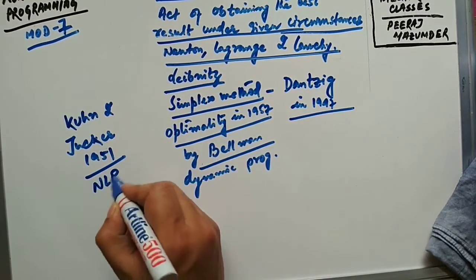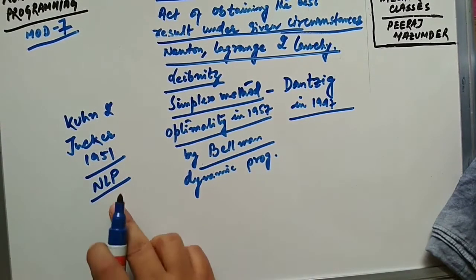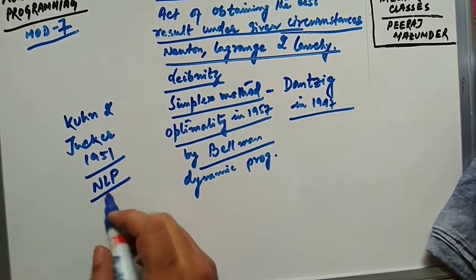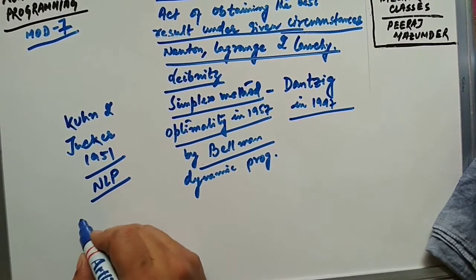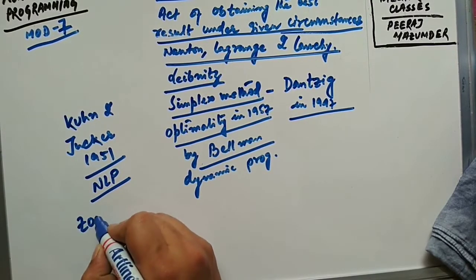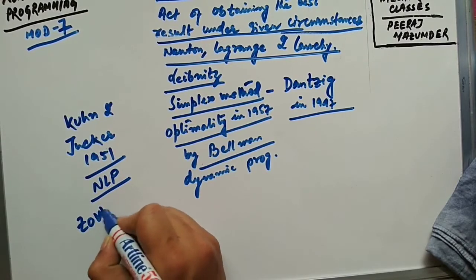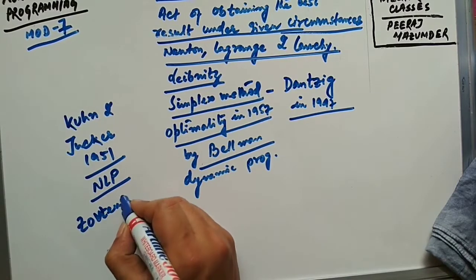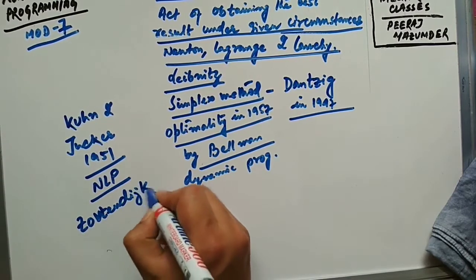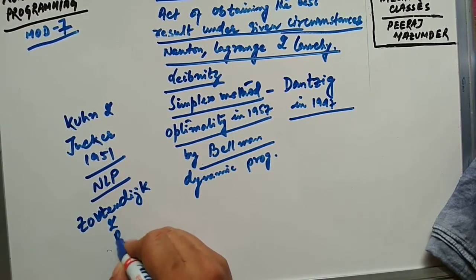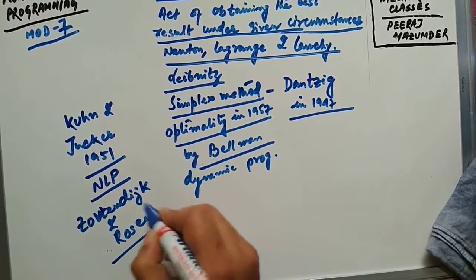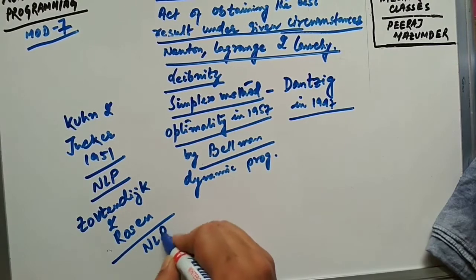There are many more contributions in this particular nonlinear programming. And mainly two more scientists, Kuhn and Tucker, and Rosen, also contributed a lot in nonlinear programming.